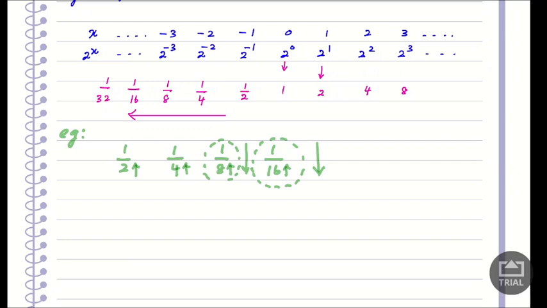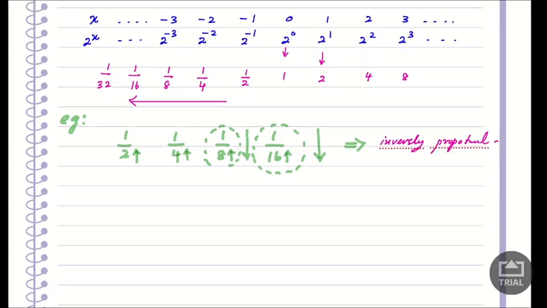This is common sense, you know, from grade 5, 6, 7. So that means they are inversely proportional.